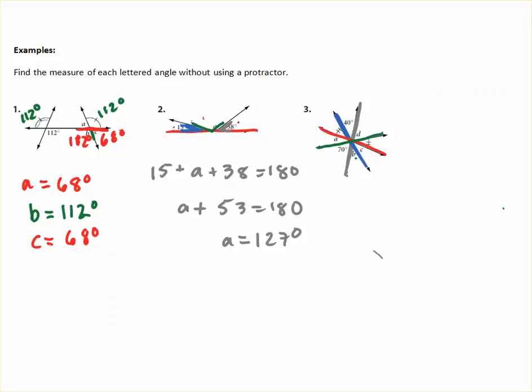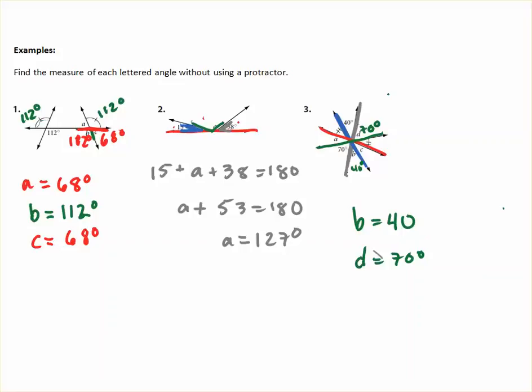So for instance, B is in between a gray and a blue line, so it's vertical to this 40-degree angle, so B is 40 degrees. D is in between a gray and a blue ray, so its sides are gray and green, and so that would be vertical to the 70-degree angle, so D is 70 degrees. So see, these go a lot quicker than you think.